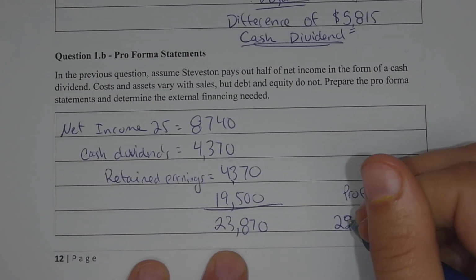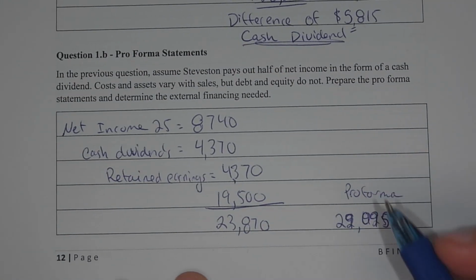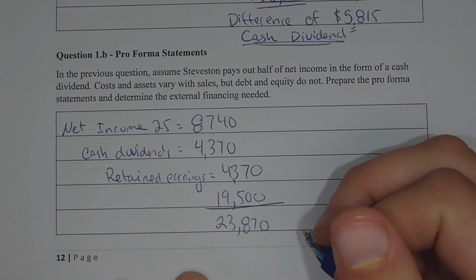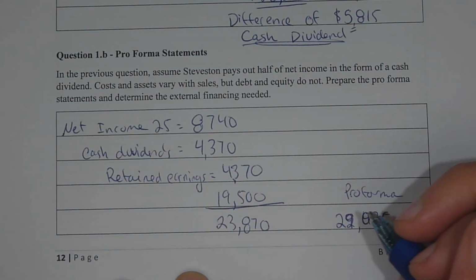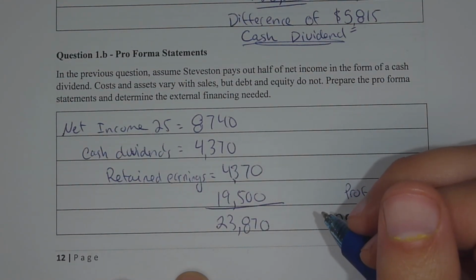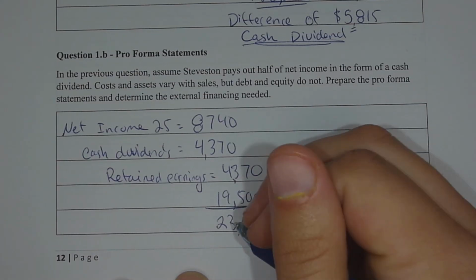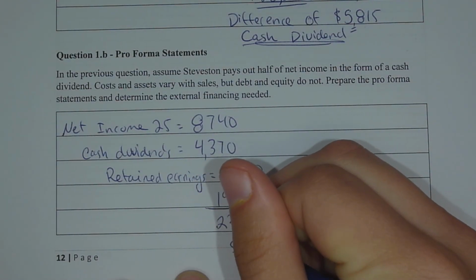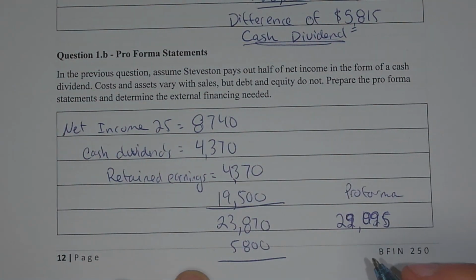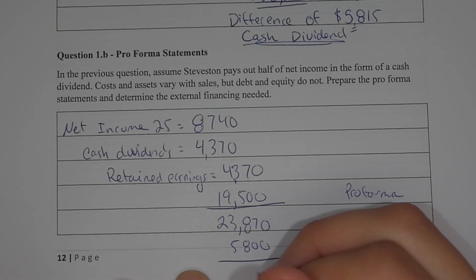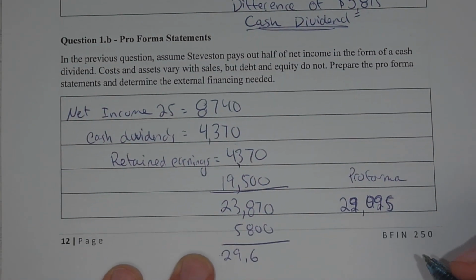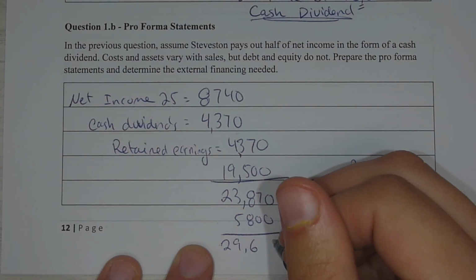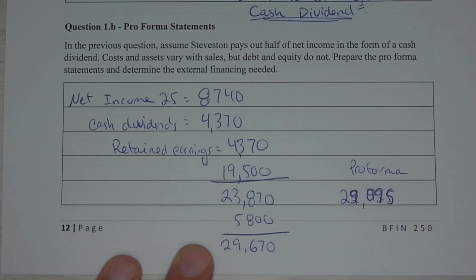And what happens is, with our debt that is currently $5,800, we have a balance of $29,670.